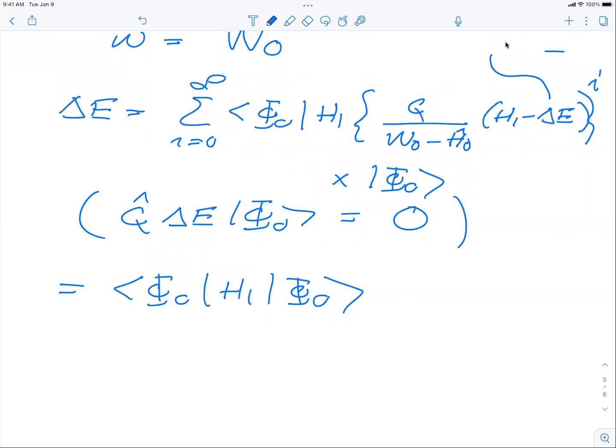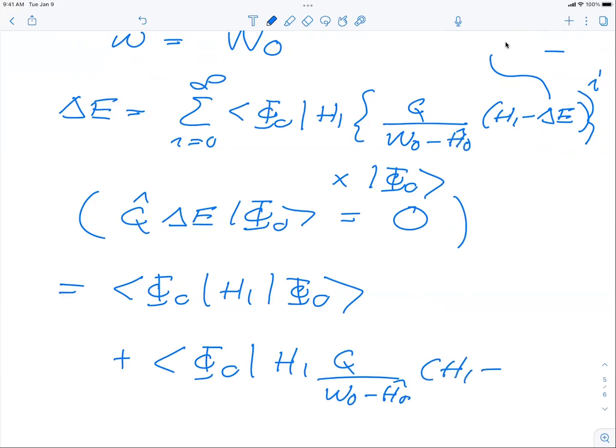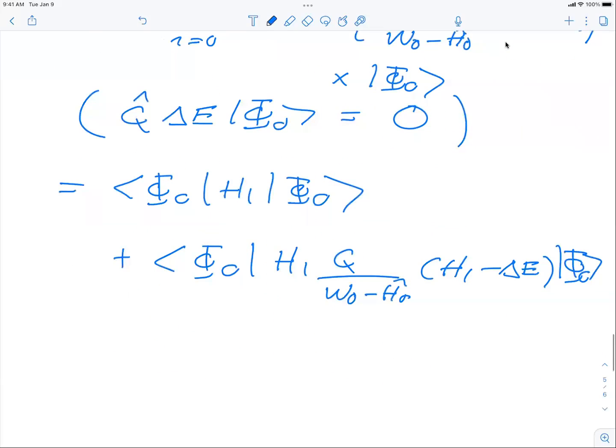If I take the term to second order now, this is going to have an H of I minus delta E multiplied with H of I. So we are going to get a plus phi 0, and then we have H of I, and this is multiplied with Q divided by omega 0 minus H0. And this has now H of I minus delta E. So this will be our second order term of phi 0. And we see now that the last term is actually 0.